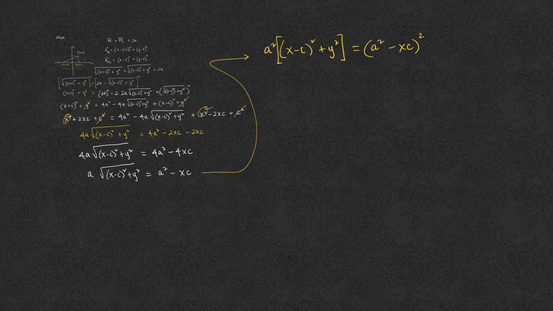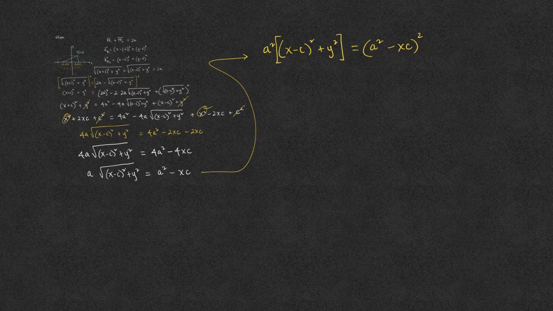We then distribute the left-hand side, a squared times x minus c squared plus a squared times y squared. This is why we need that bracket. The right-hand side is a to the fourth minus 2 times a squared times xc plus the quantity xc squared.